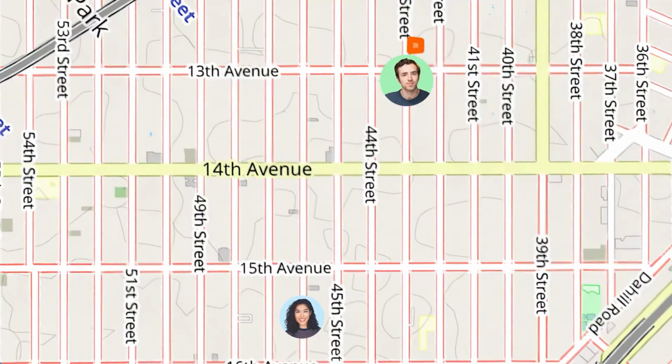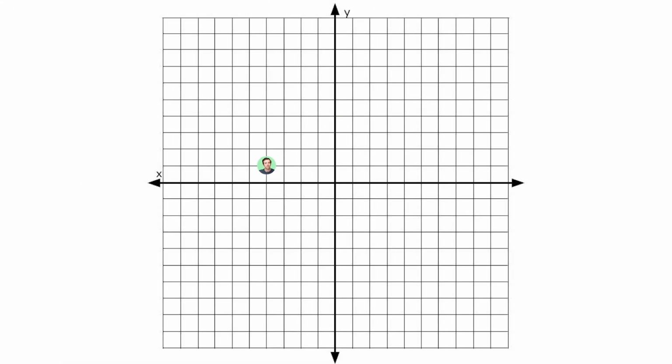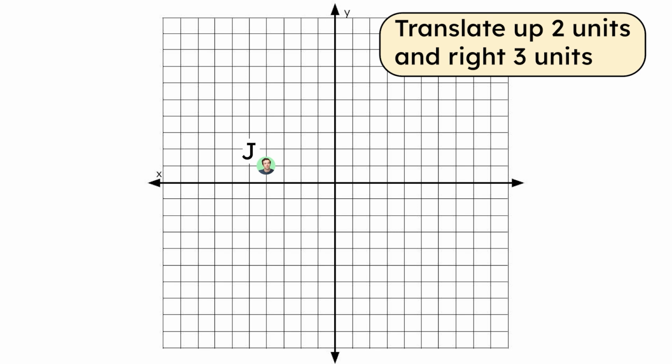Let's imagine that the lost person is our pre-image or starting location, and the coordinate plane is the map. Let's call the pre-image point J. We want to guide point J to its destination, so we would say translate up 2 units and right 3 units.